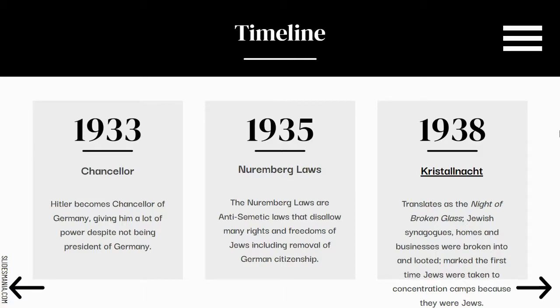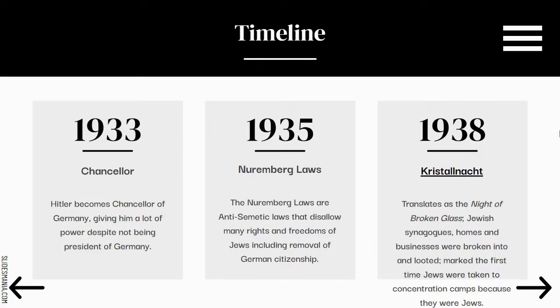By 1935, he creates something called the Nuremberg Laws. This is a series of laws that are meant to oppress Jewish citizens in Germany. One of the ways in which it does this is it strips Jews of their citizenship in Germany.